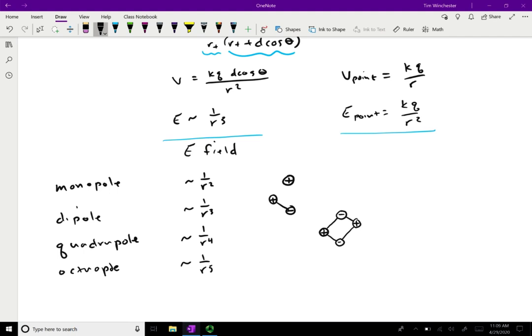Okay, what about an octupole? Well, again, we can have two quadrupoles that cancel out. So what this will look like is, let's say, something like this. But now we want to have one cancel it, so let's say that we have a minus, and a plus, and a minus, like this, and then back here, there's going to be another plus.